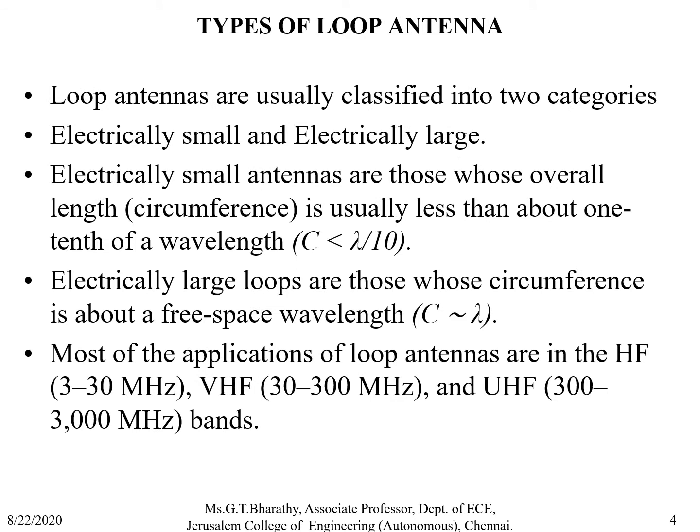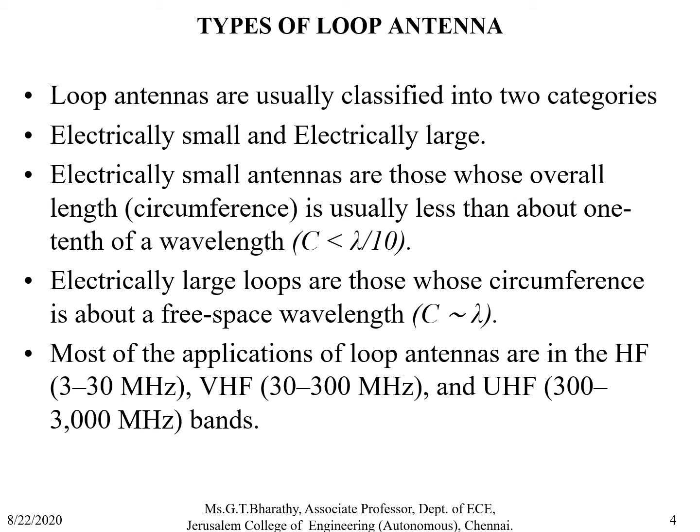Types of loop antenna. Loop antennas are usually classified into two main categories, namely electrically small antennas and electrically large antennas. As the name suggests, an electrically small antenna has a lesser length or circumference, usually represented as C. If C is less than or equal to 1/10 of the wavelength, it is called an electrically small antenna.